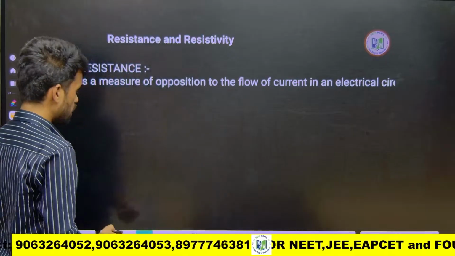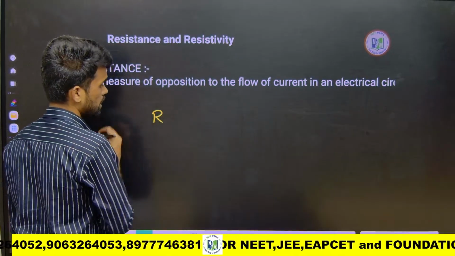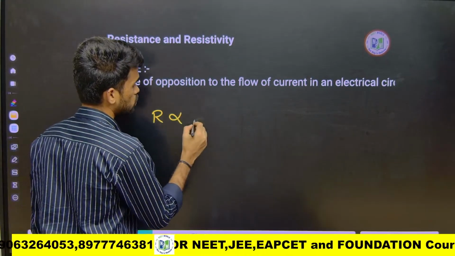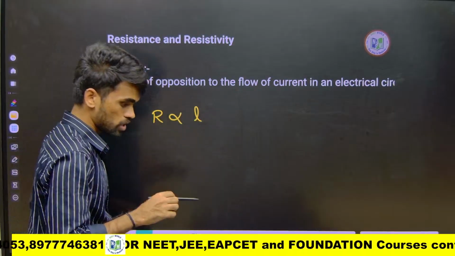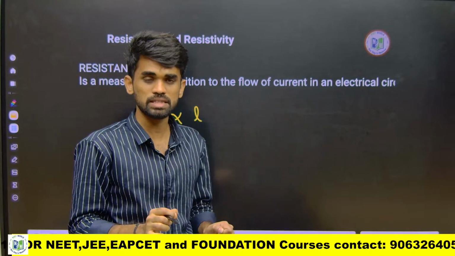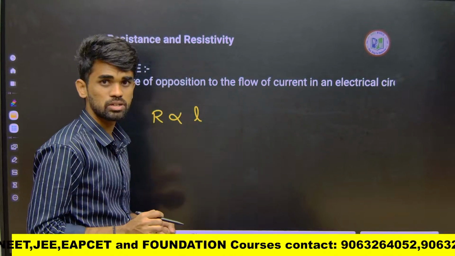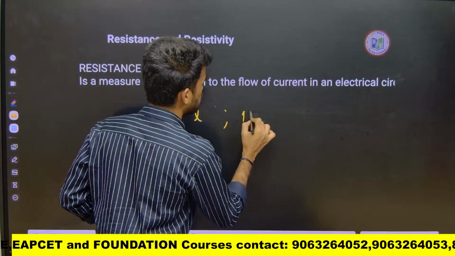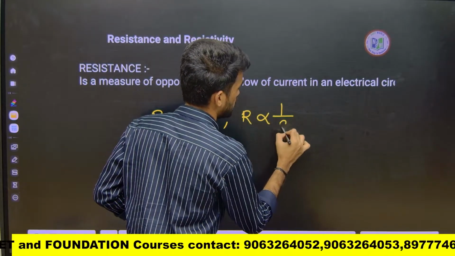Resistance is directly proportional to length. For example, a wire will have some length, so resistance is directly proportional to length and inversely proportional to its cross sectional area.